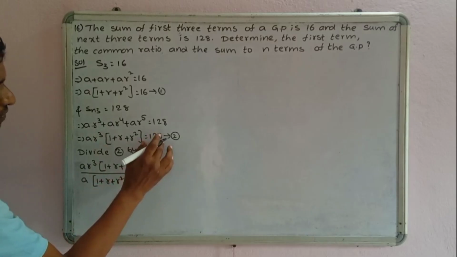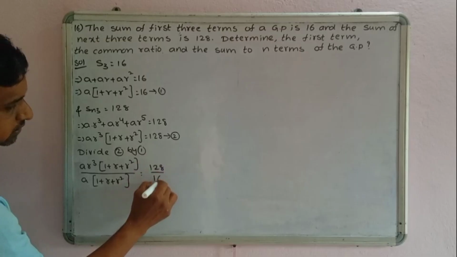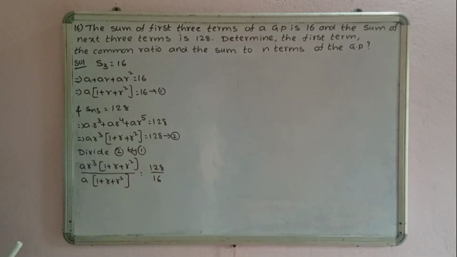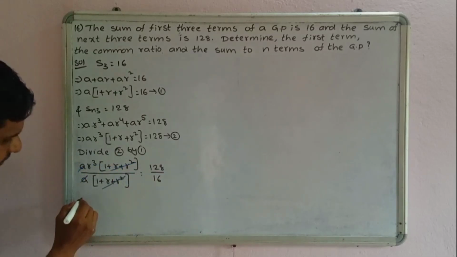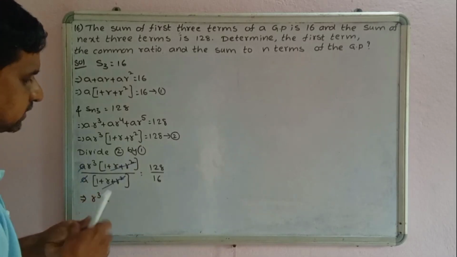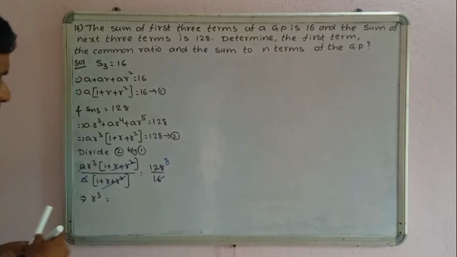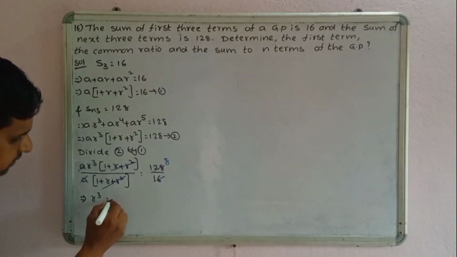The values are 128 and 16. Now 1 plus r square cancels, a also cancels, so r cube equals 128 by 16, so r cube equals 8.